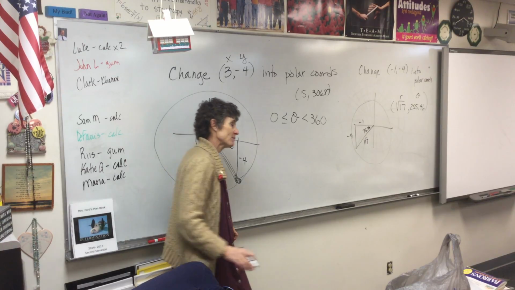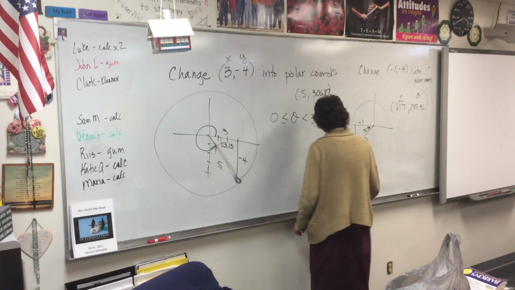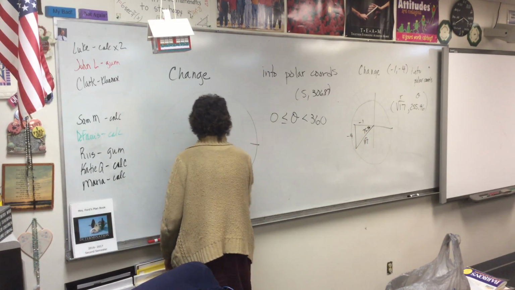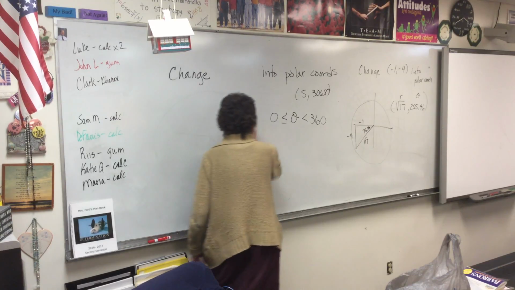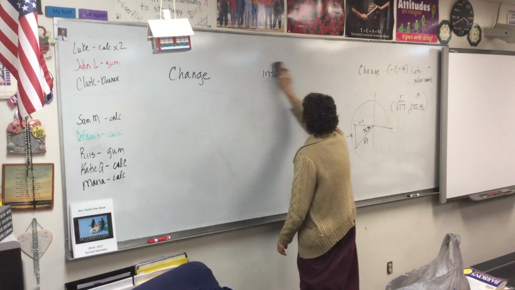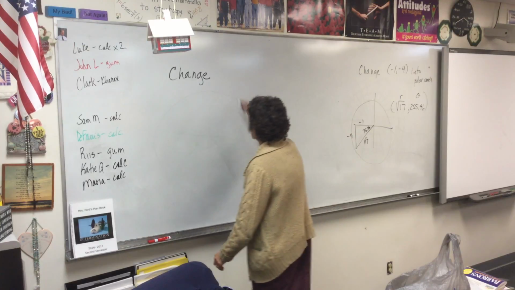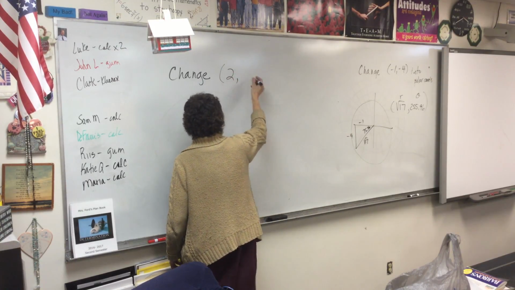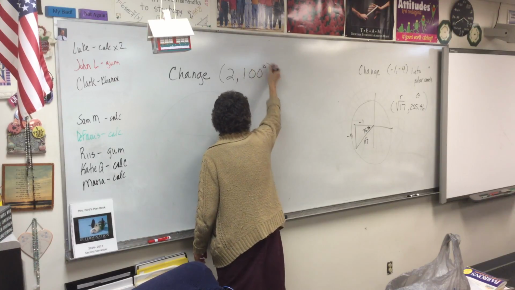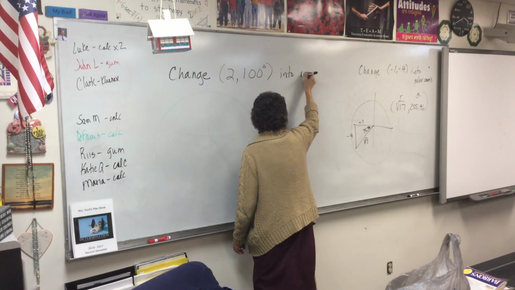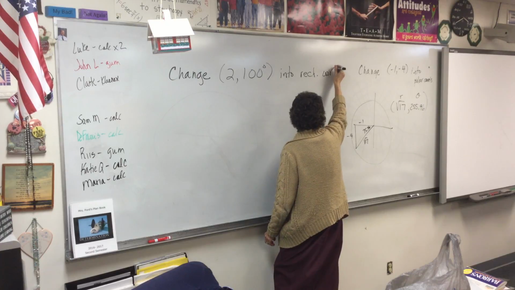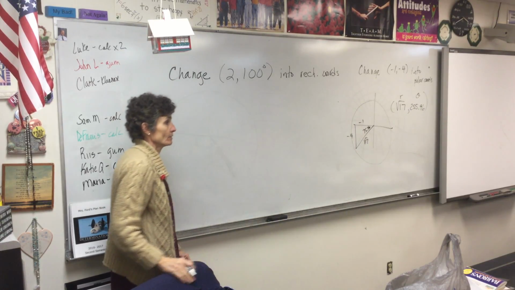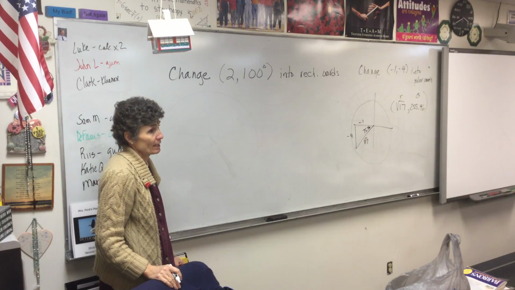Okay, now what about the other direction? What if you are given the polar coordinates and you need to change it into the rectangular coordinates? So let's change (2, 100) into rectangular coordinates. And please remember that alternative words for rectangular are Cartesian and complex.